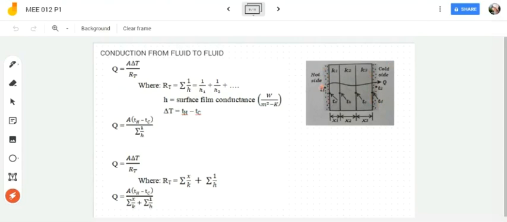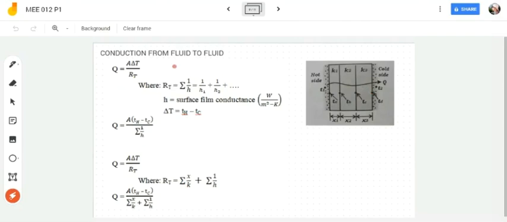This is your temperature hot, and this is temperature cold. We have your temperatures at the sides, T1, T2, T3, and T4. This is your conduction, with the thickness of your walls and the thermal conductivity, and your fluid has a surface film conductance 1 and surface film conductance 2.